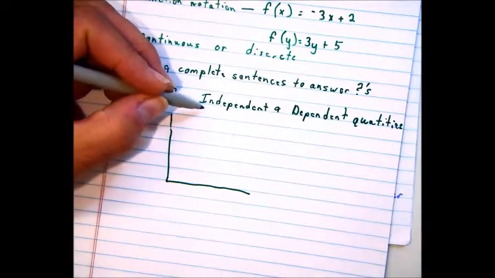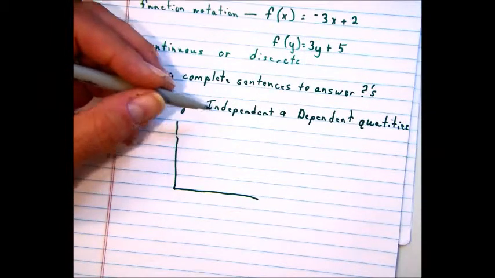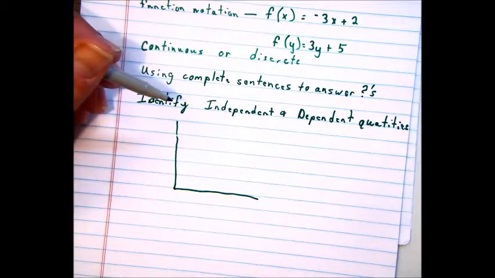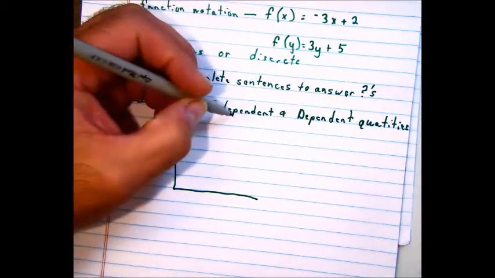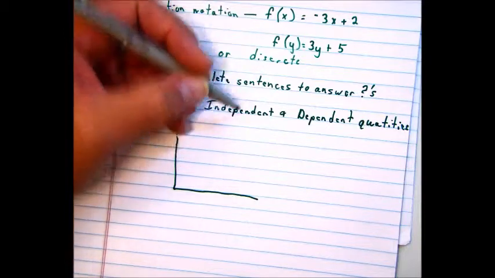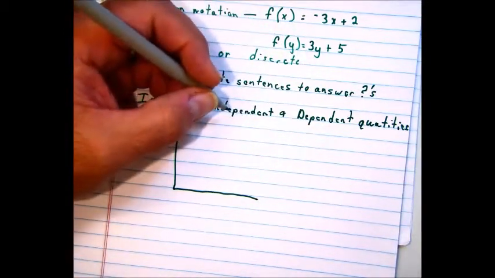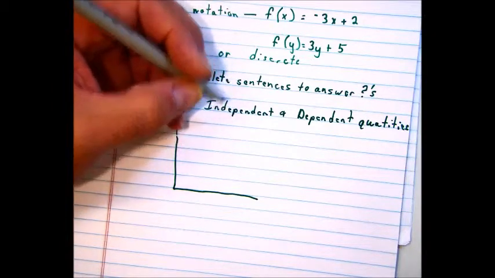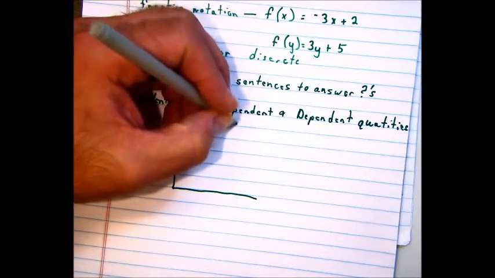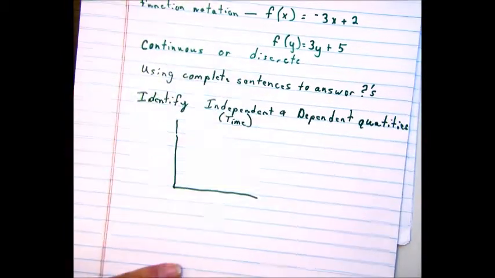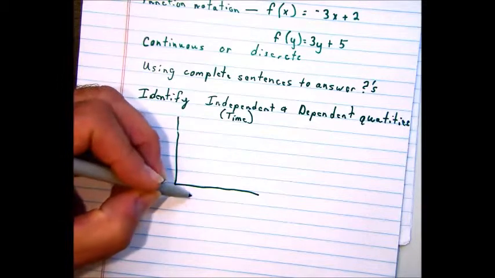Independent, meaning it changes free without any other influence, and dependent, meaning whatever I put in for the independent tells me something about the dependent. So we have to understand that the independent most of the time is the quantity of time. And of course we have some other names for independent.